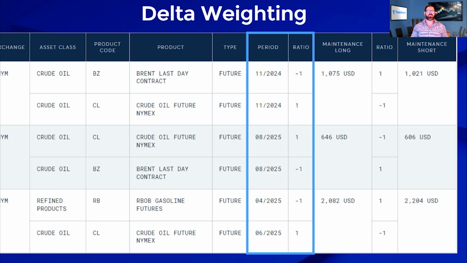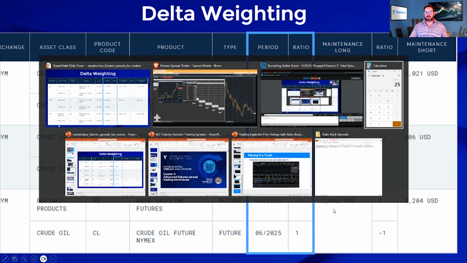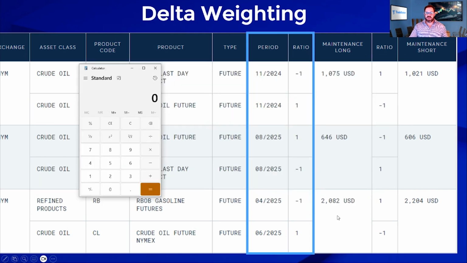You just simply multiply whatever number you see there by 1.1. So let's say we wanted to trade gasoline versus crude oil on the April 2025 spread. Again, if I bring up my calculator here, we have a maintenance margin, 2,082. You simply multiply by 1.1, and 2290.2 is the initial margin to open that particular position.